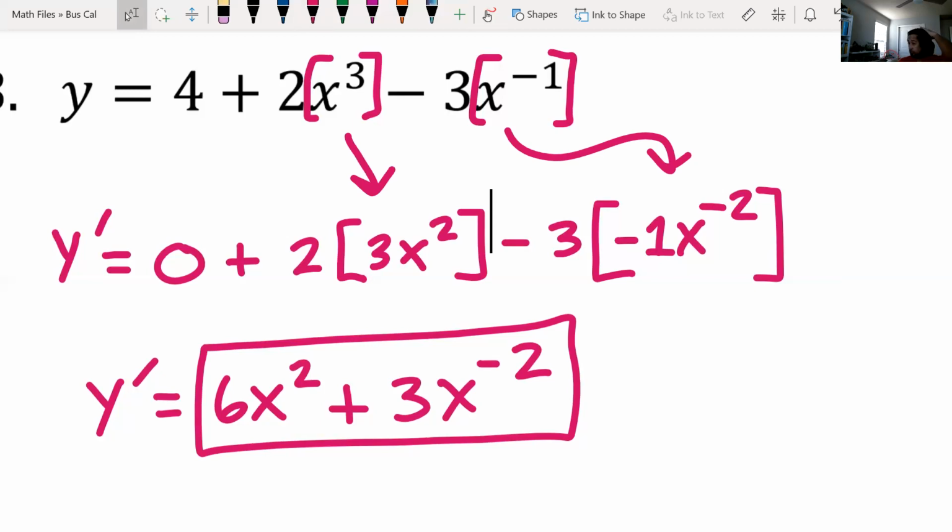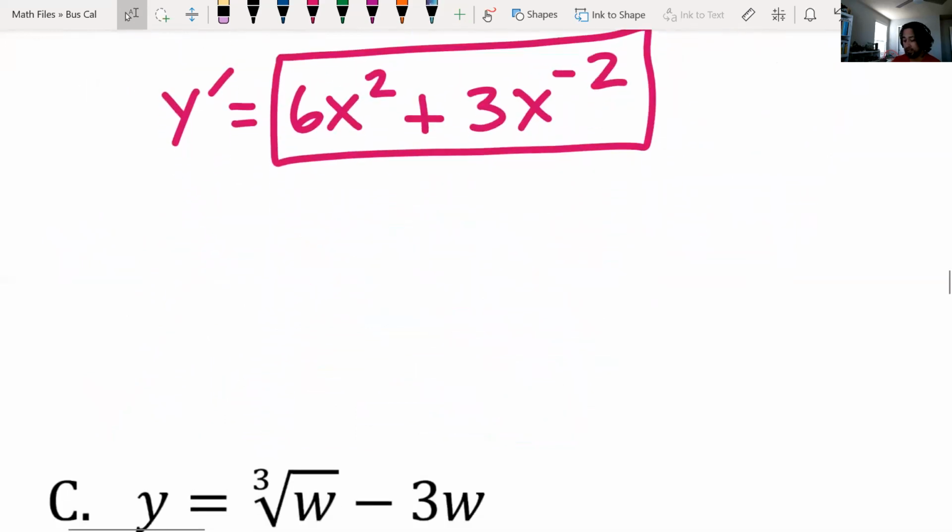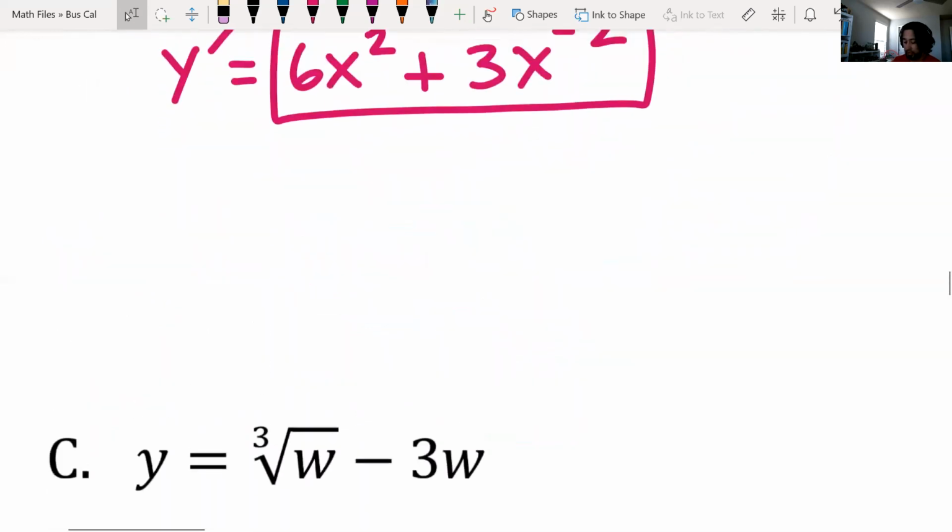And remember the first rule for today, what is the derivative of all constants? 0. There you go. So we're just implementing all the rules we have learned today, right? Everything's coming together, plus a little bit of algebraic rules that we need in order to take the derivative.